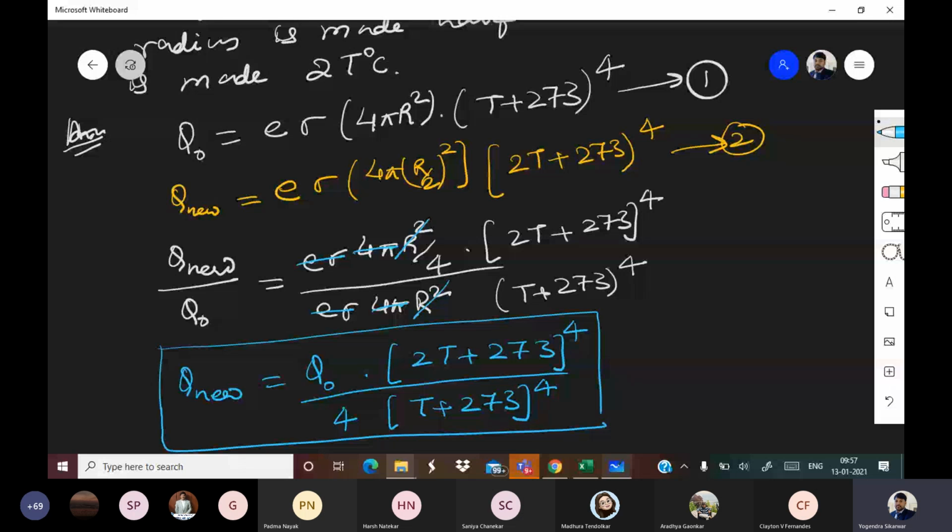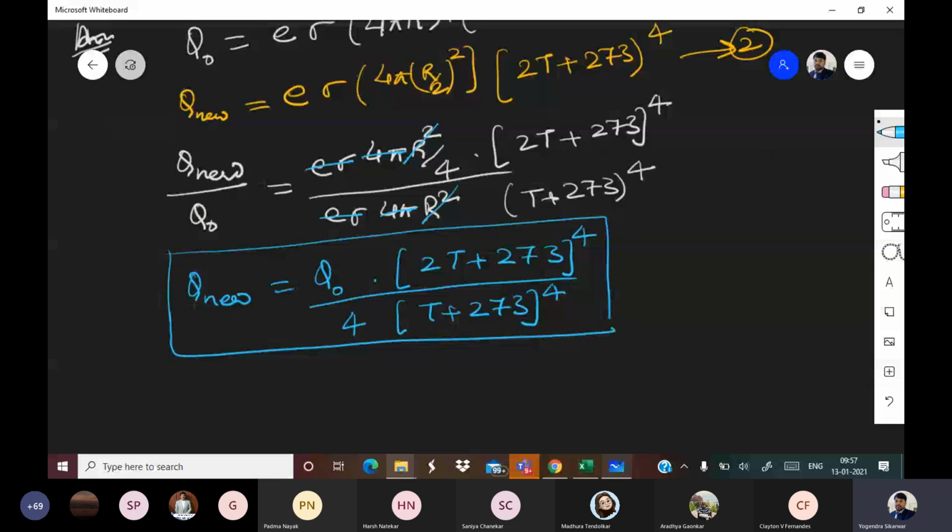So for the rough surface, the rate of heat emitted will be more as compared to polished. Keep that in mind. Okay. All right. Next question.